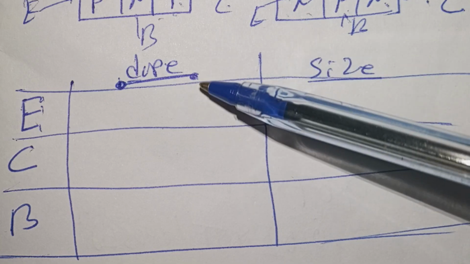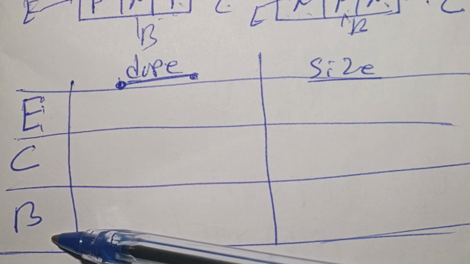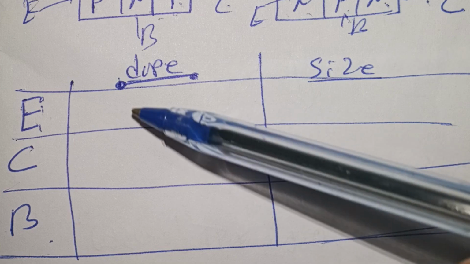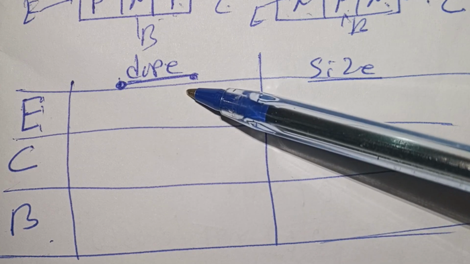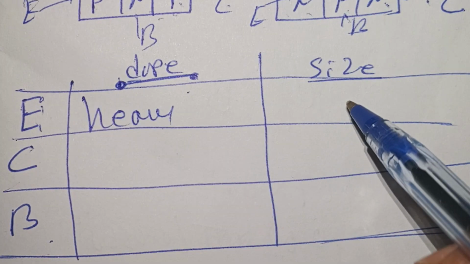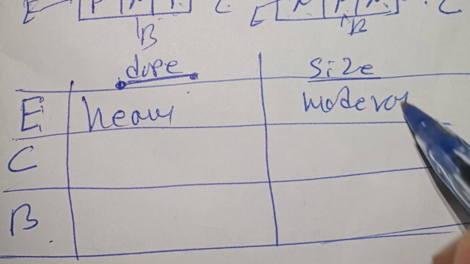When we consider the size and the doping percentage of the emitter, collector, and base: the emitter supplies the charge carriers, that means either electrons or holes. The emitter is heavily doped, and its size is moderate or medium.